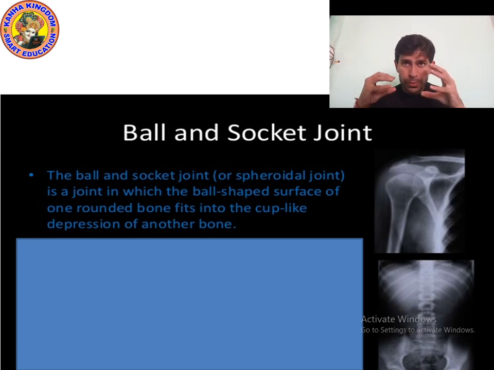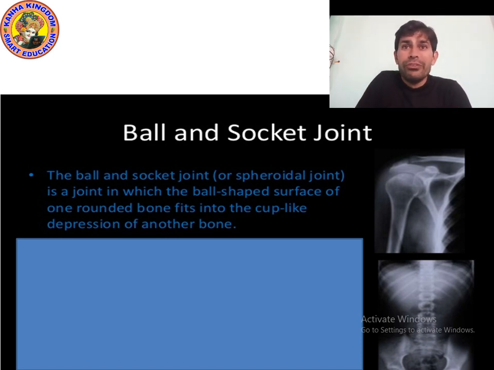In a ball and socket joint there are two bones. One bone end is like a hollow ball, and the other is like a hollow cup. So they can easily fit and make this structure, and they can easily move.